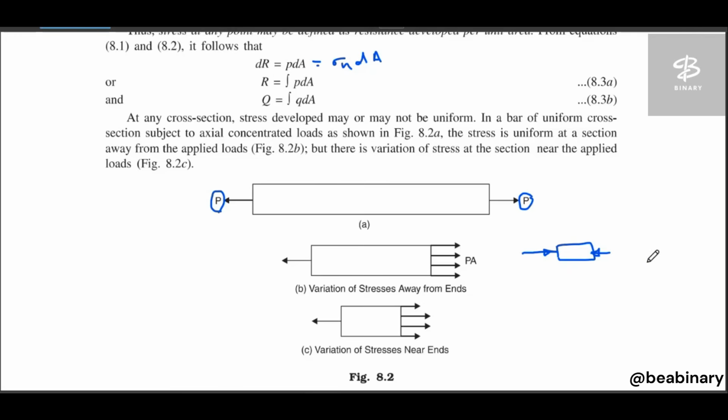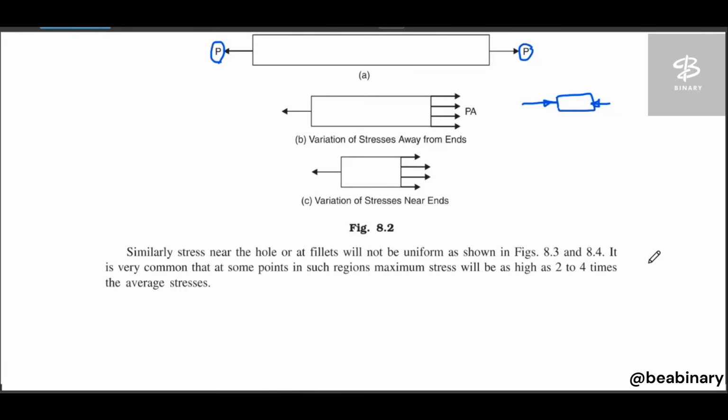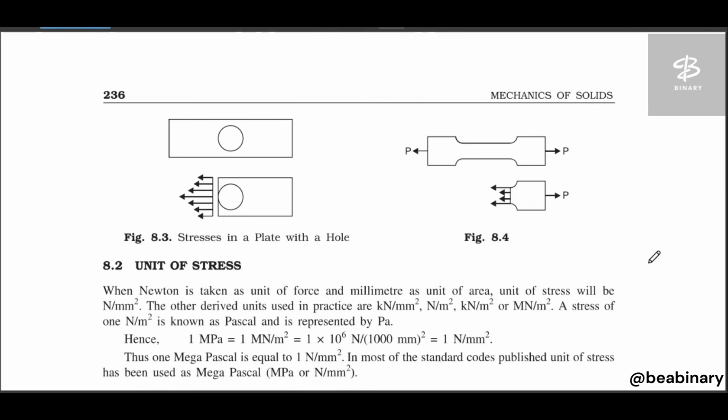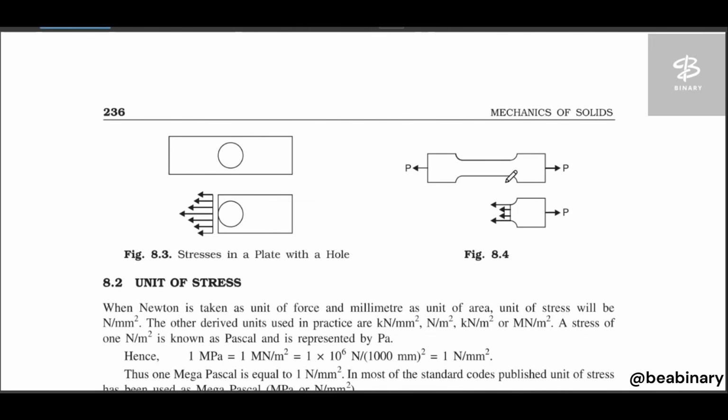Now see this element, the specimen bar, and this is the gauge length. The bar is subjected to a tensile test on a UTM, universal testing machine.